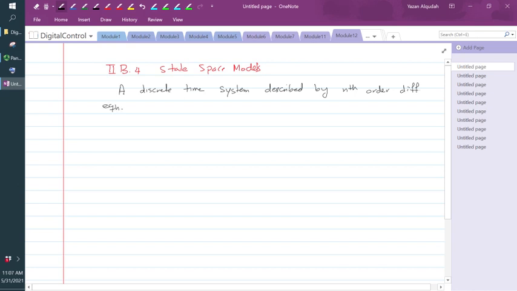we can represent this system by a set of n coupled first order difference equations.